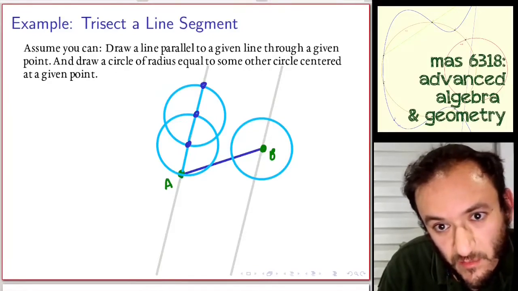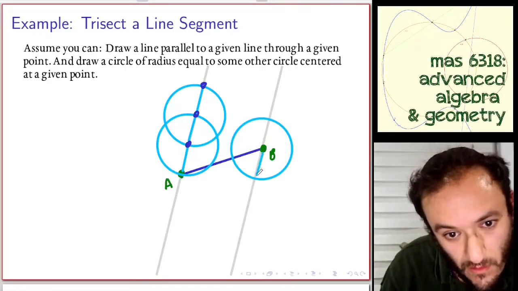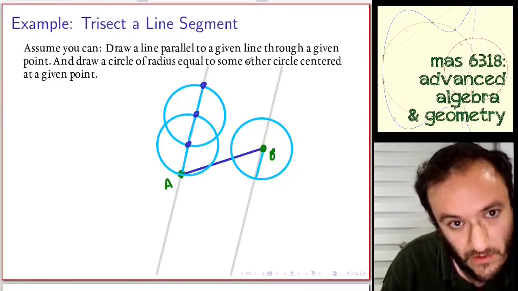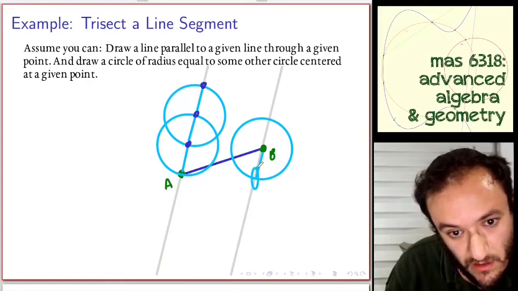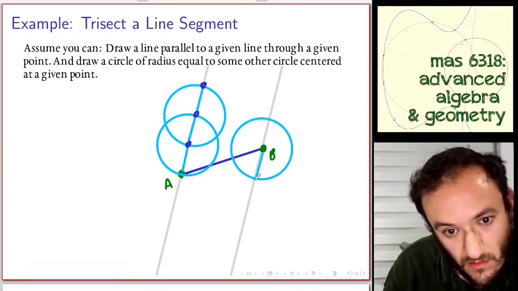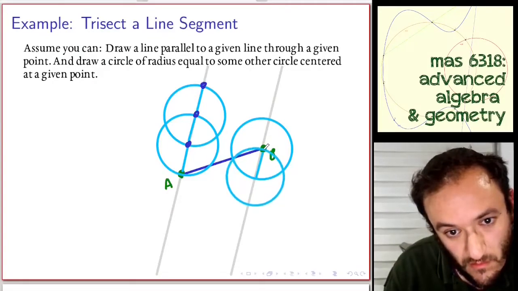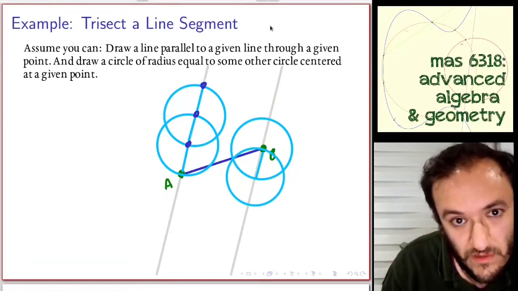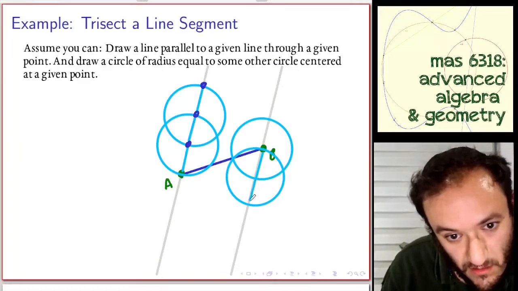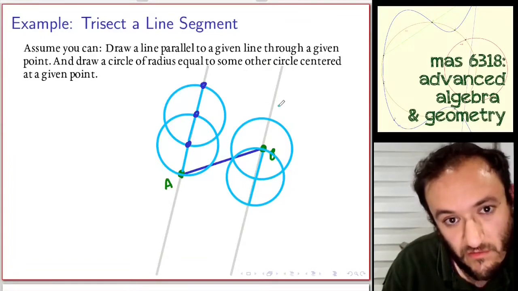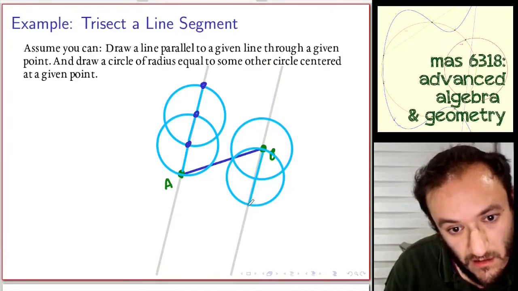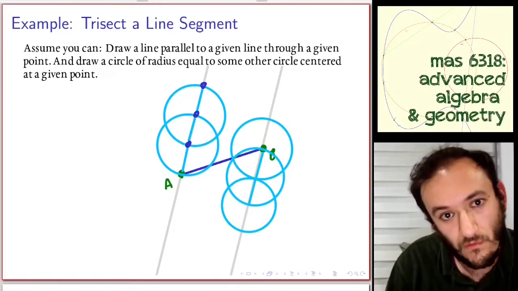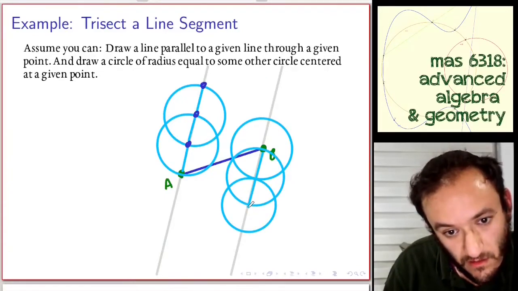Let's make that light blue. Okay, and then there's a fresh circle centered at this intersection point, which gives us another line segment, and a final circle centered at that last intersection point, okay, which gives us the third line segment.